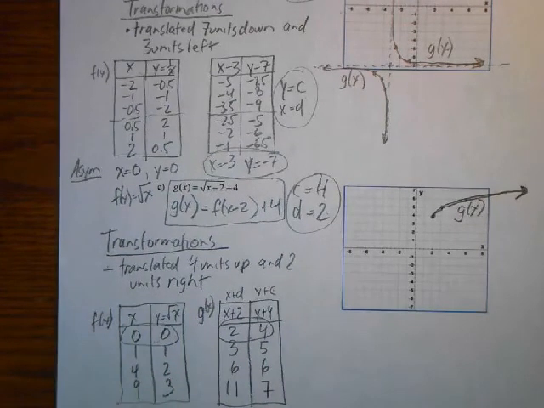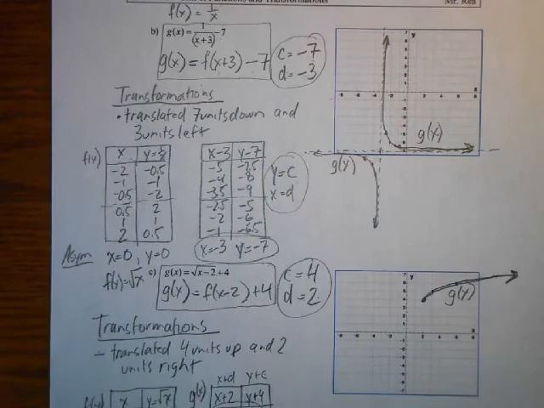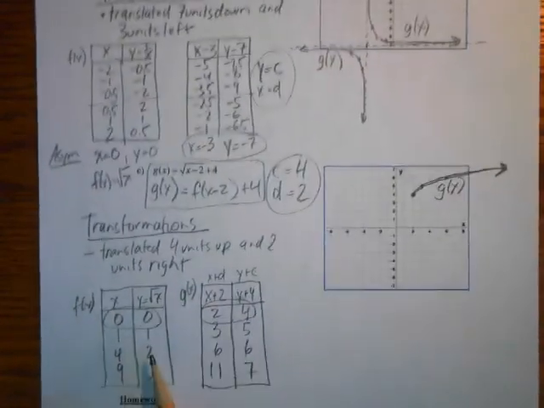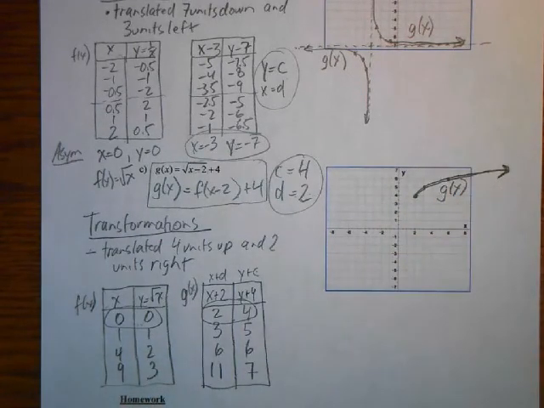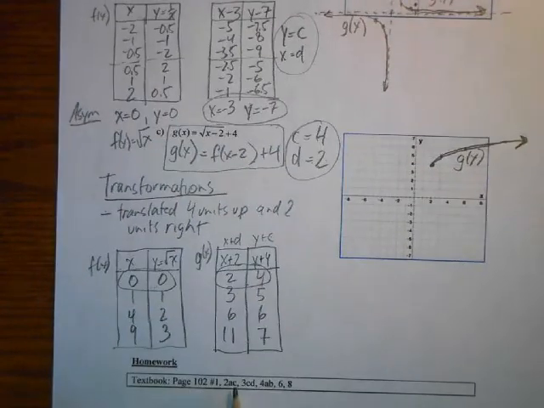We're finding those values of d and c, which represent the horizontal and vertical translation when we transform a function, and then applying those values of c and d to the base points to get our new transformed graph or sketch. Okay, got some homework for you to try out.